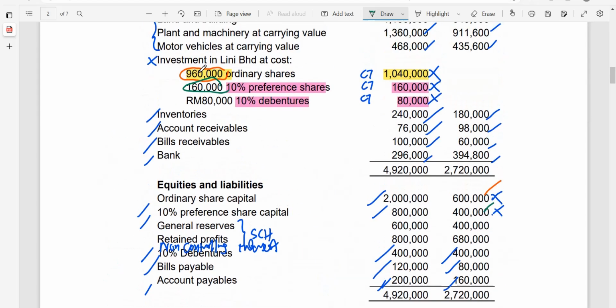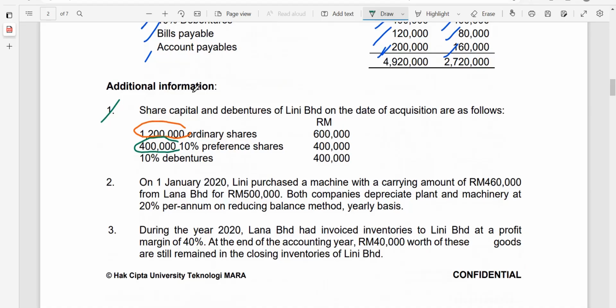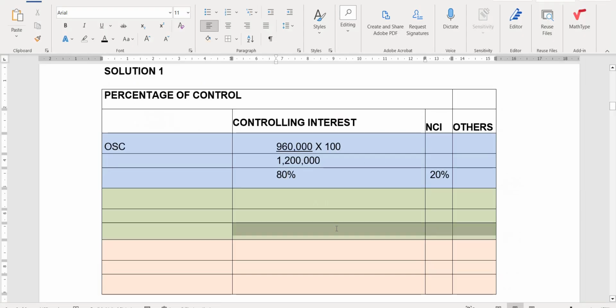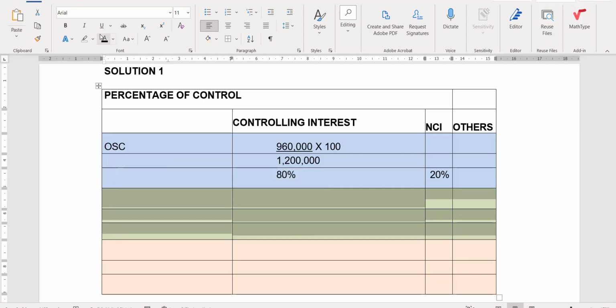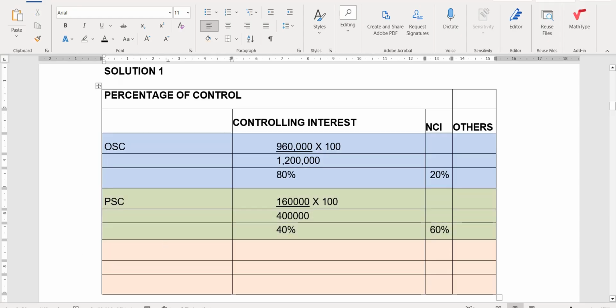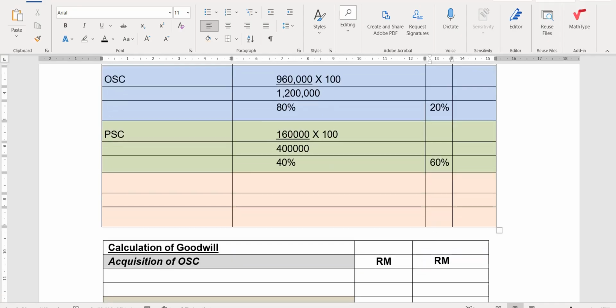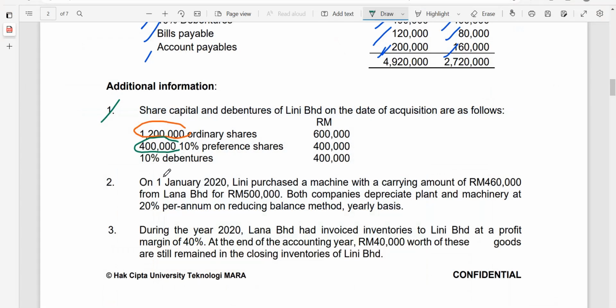So if you take the 160,000 units divided by 400,000, you'll get the percentage acquired, as was done for the ordinary shares. So for the 10% preference shares, that would be 40%, and this is 60% for the NCI. Done with that, now we go on looking at the third one.